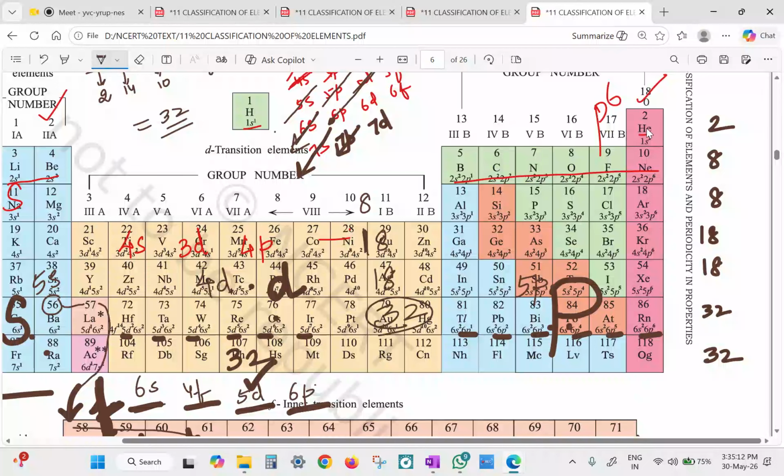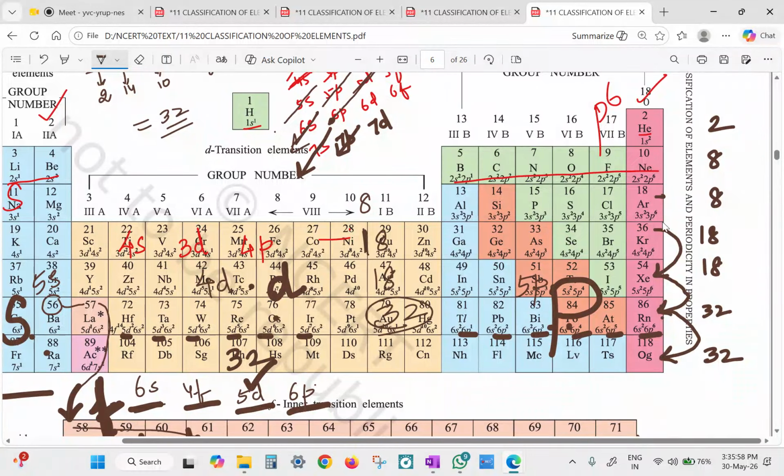Now you can start predicting the atomic number. 2 plus 8 makes 10, right? Another 8 makes 18. 18 plus another 18 is 36. 36 plus another 18 is 54. 54 plus another 32 is 86. 86 plus another 32 is 118. So do you understand why the atomic numbers vary like this? Yes, miss. Okay, is that clear?